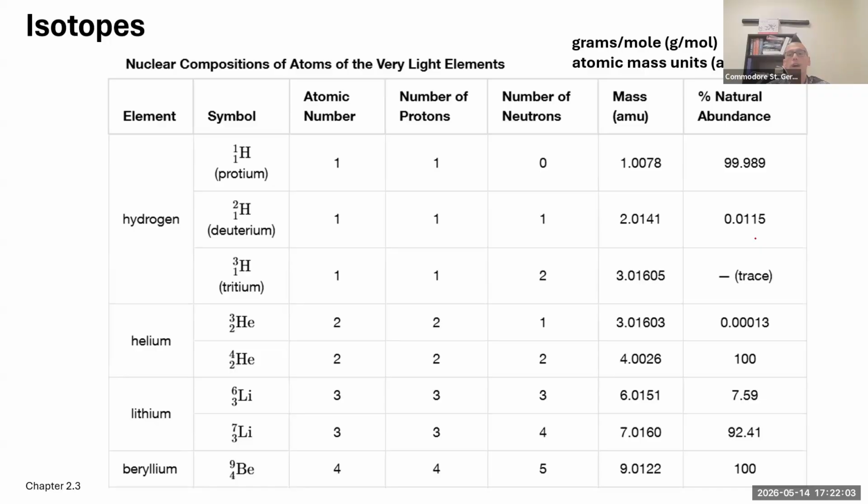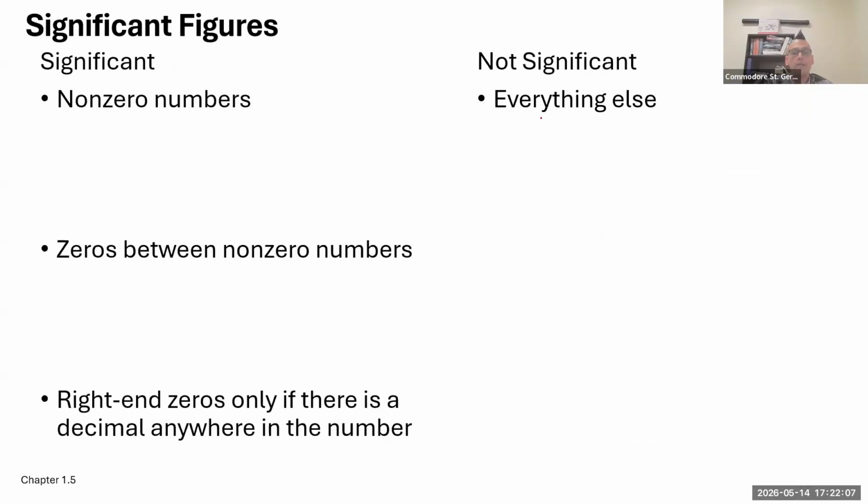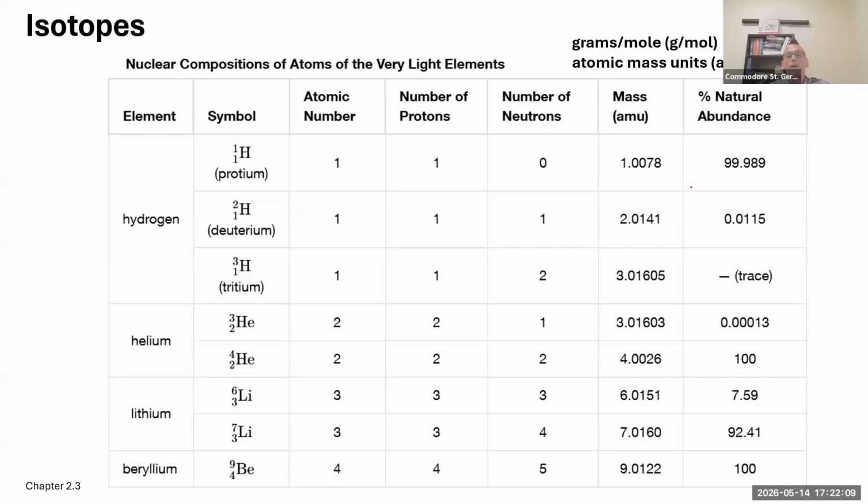All right, so if we look at the isotopes, we have different atomic mass units, right? We have H with no neutrons, hydrogen with 1 neutron, hydrogen with 2 neutrons. We have helium with 1 neutron, helium with 2 neutrons.